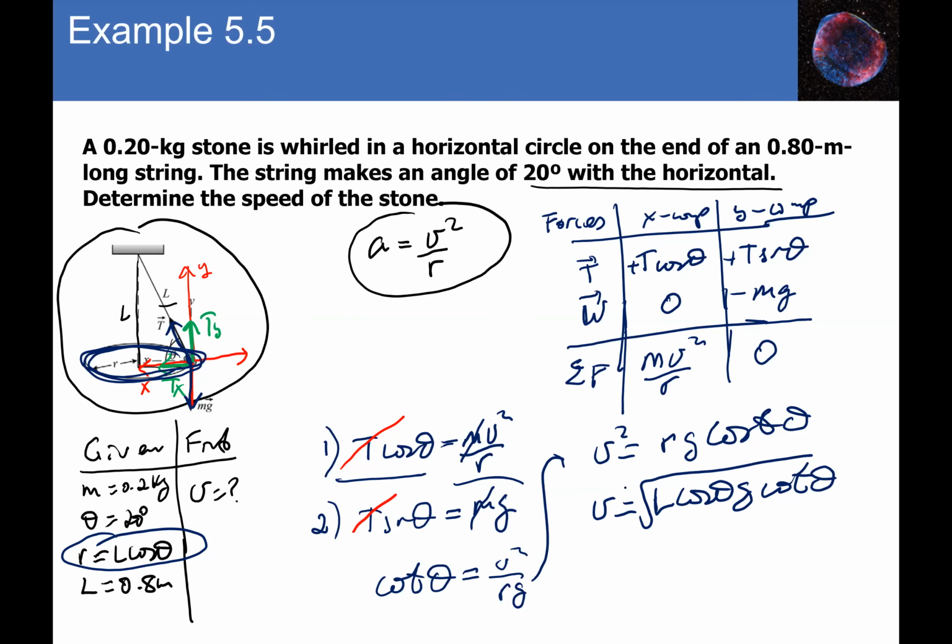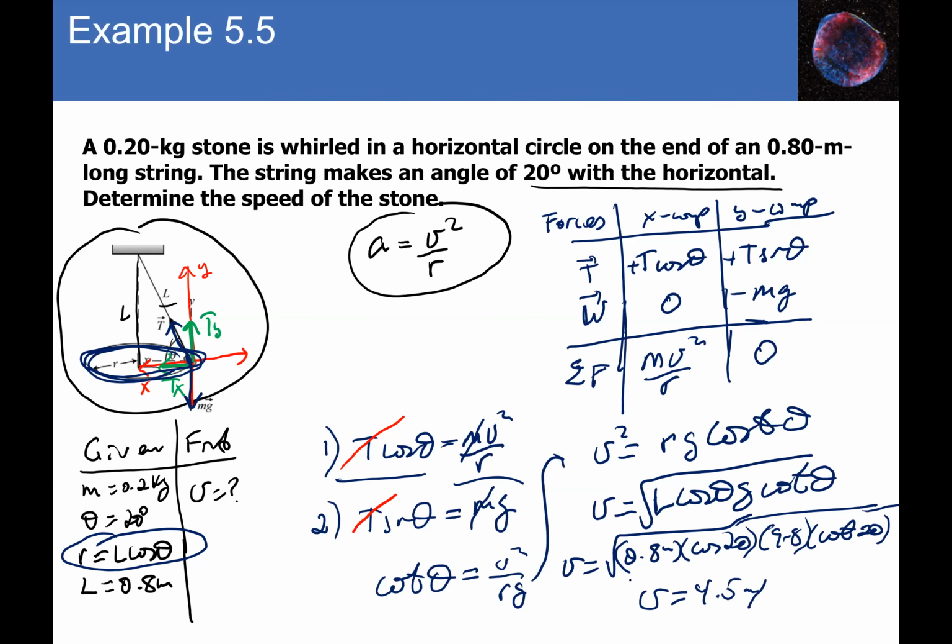Okay, and I just calculate that. So v equals the square root of 0.8 meters times cosine of 20 times 9.8 times cotangent of 20. And then solve for v, which will be 4.5 meters per second. There you go. That's the answer for this problem.